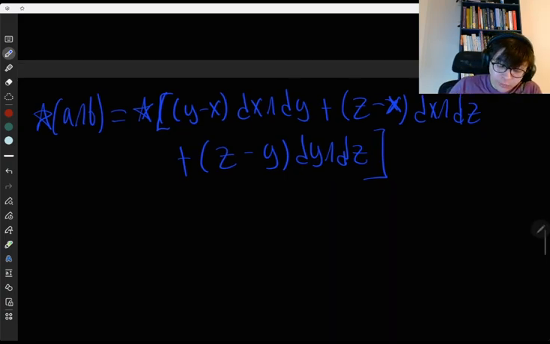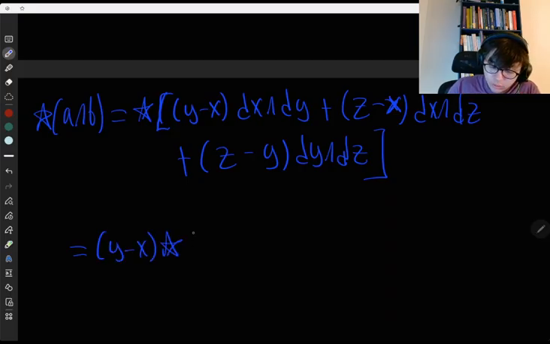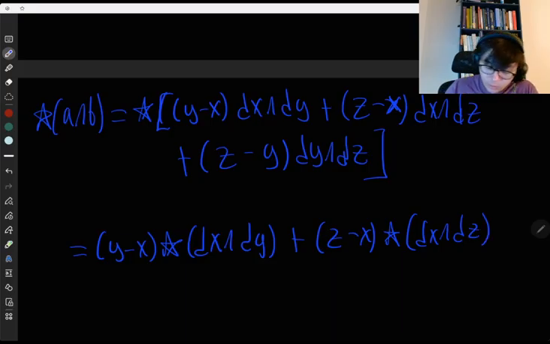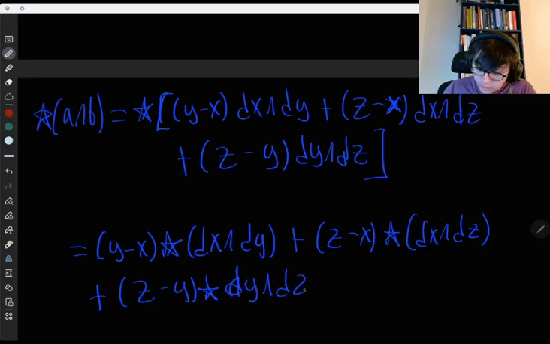We're going to have y minus x star dx wedge dy plus z minus x star dx wedge dz plus z minus y star dy wedge dz. Okay, so we need to figure out these three things.